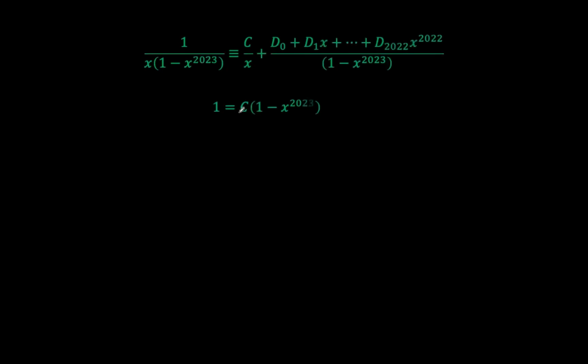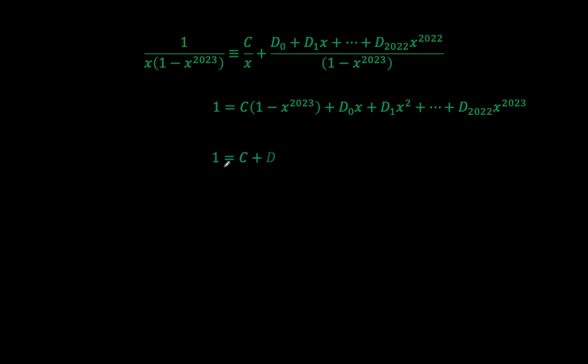Now, if we multiply both sides by the denominator on the left-hand side, then what we're left with is 1 equals c times 1 minus x to the power 2023. And then obviously, since we're multiplying x across here, we have d0 x, d1 x squared, all the way up to d2022 x to the power 2023.